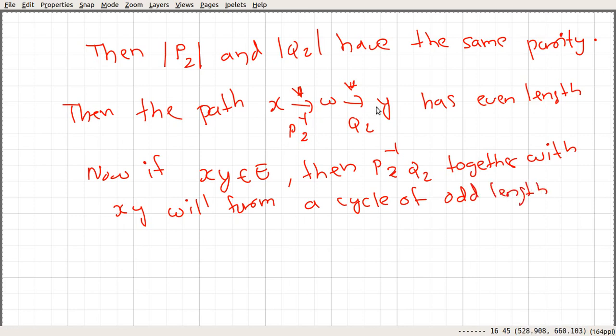This path has even length, and if you add one more edge, you get a cycle of odd length. So that's a contradiction.